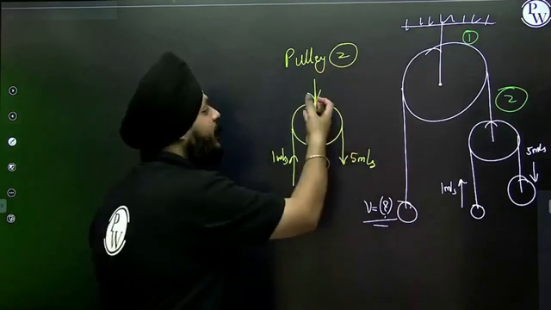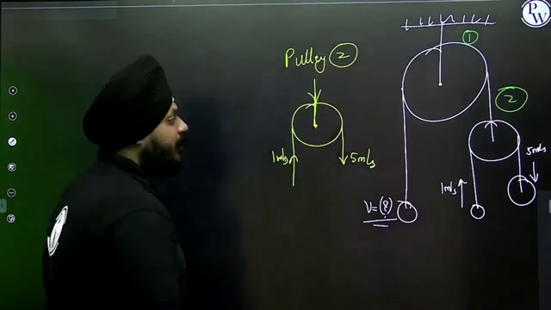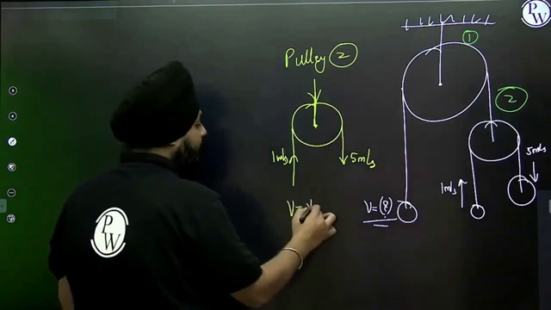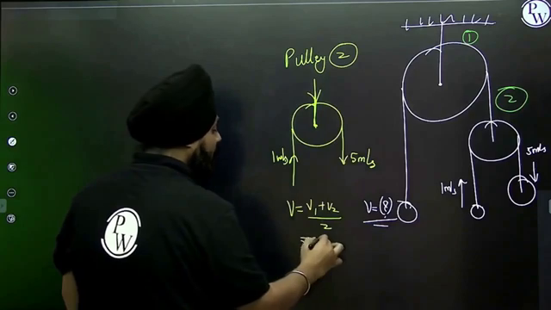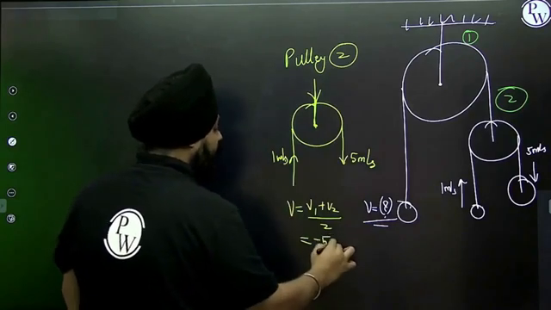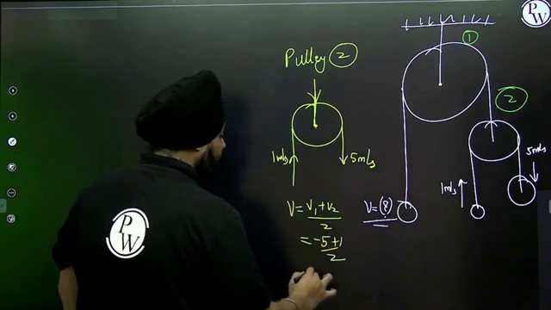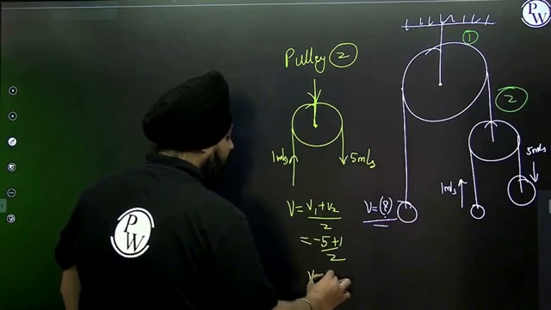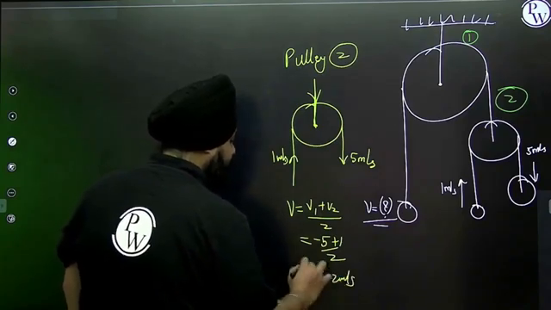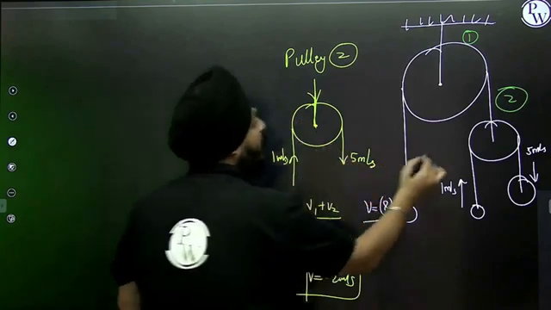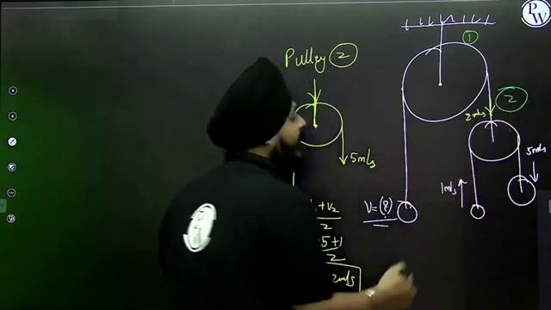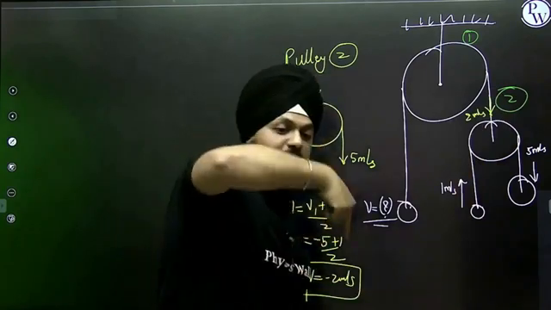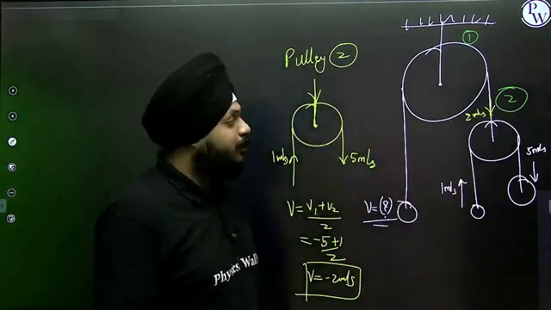We'll apply the formula and get it. According to our shortcut, V is equal to (V1 plus V2) whole divided by 2. V1 is downward, so negative, and V2 is upward, so positive, whole divided by 2. V is in the downward direction, equivalent to 2 meter per second. So the velocity of this arm is 2 meter per second. Negative indicates, according to the sign convention, that it is moving downward.